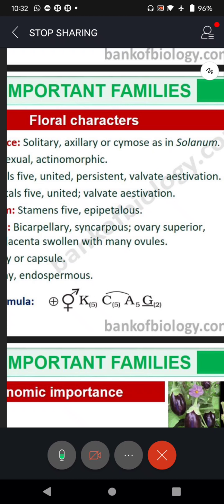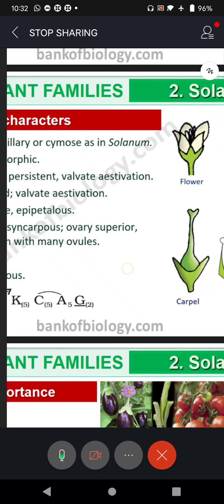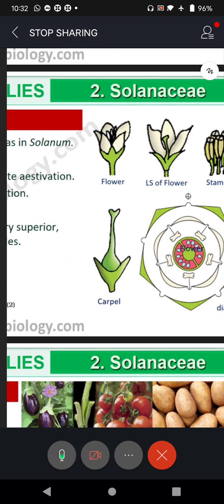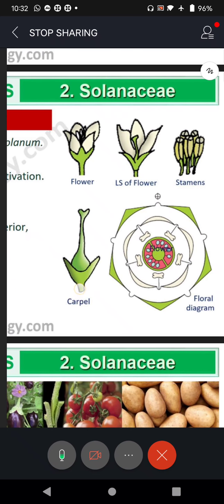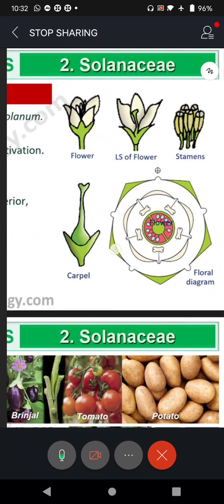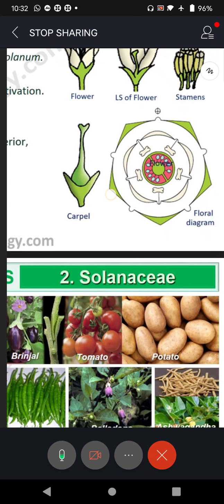The moment you look at this floral formula, you understand the main characters of the family, and based on this floral formula we can draw this diagram. This way of drawing diagram is called floral diagram.